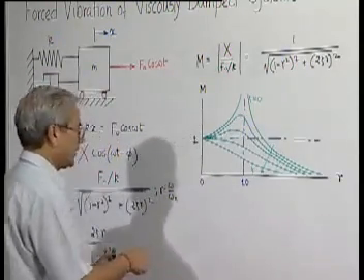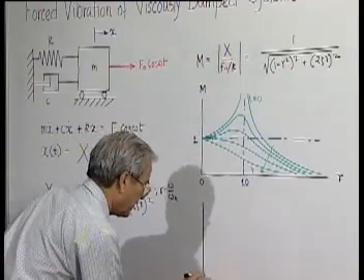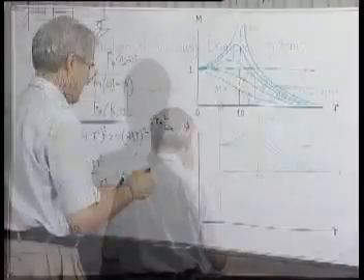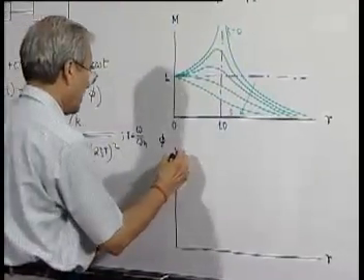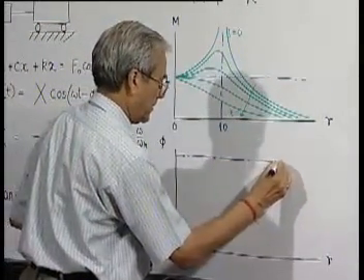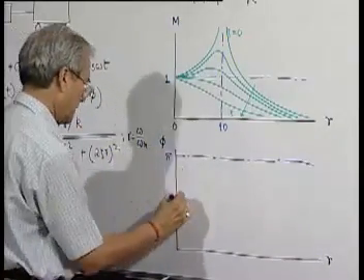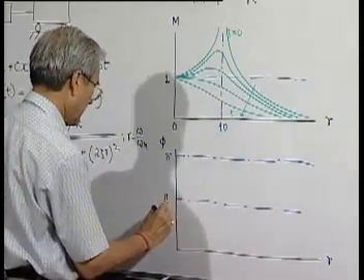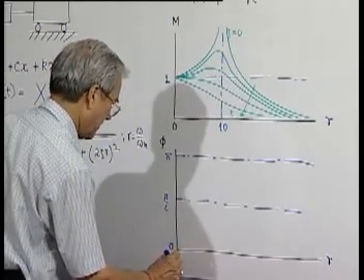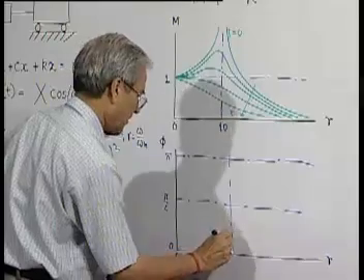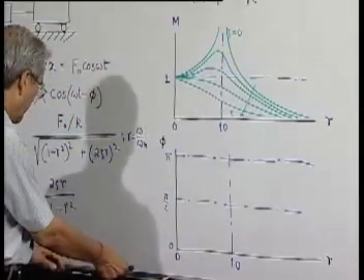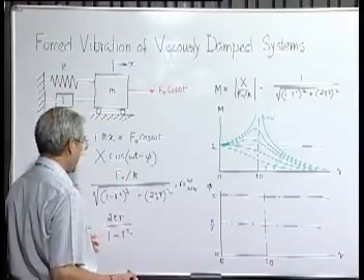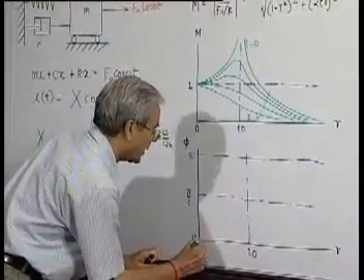When we plot the phase difference phi, as you can see, the phase difference also starts at r equal to 0, where phi is 0, irrespective of the value of zeta.